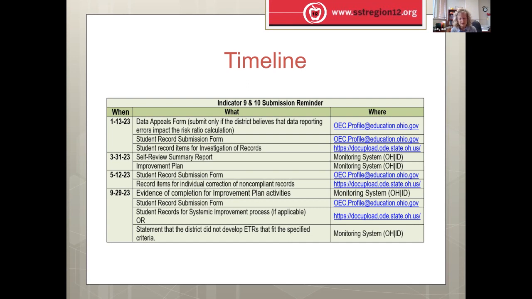And one of the things that we were hoping is that for some of you, you wouldn't have to submit records again this year, but as it was explained by Shauna Schramke, that very first year that districts are required to submit records, that second year of the finding oftentimes is not enough time to address systemic issues.